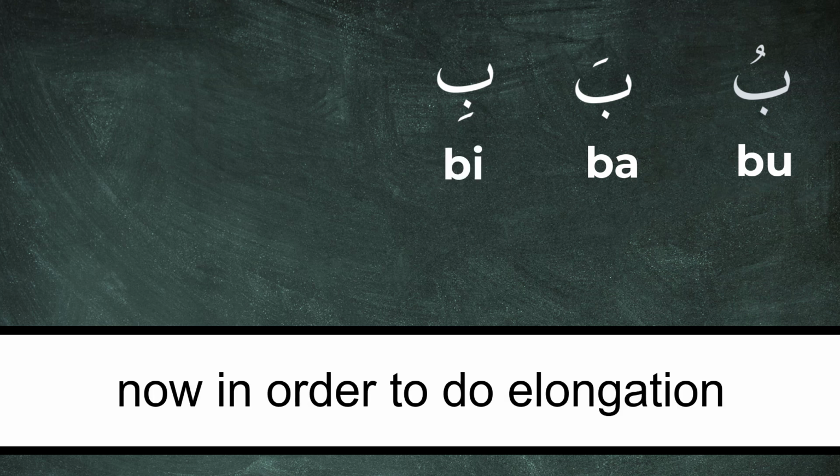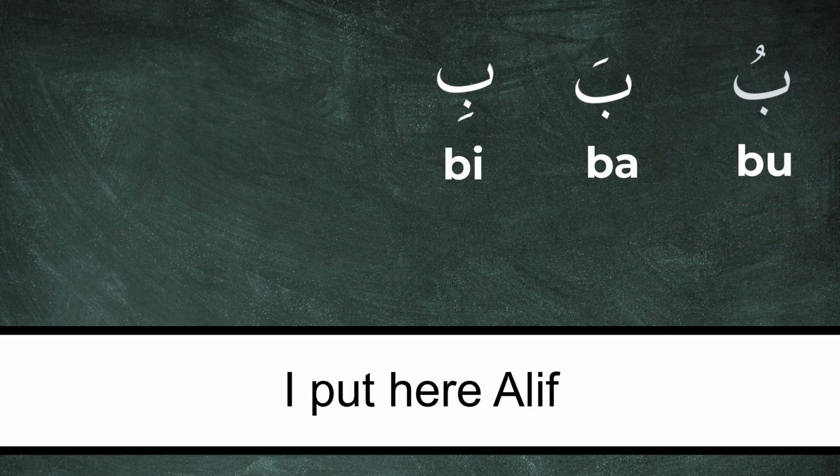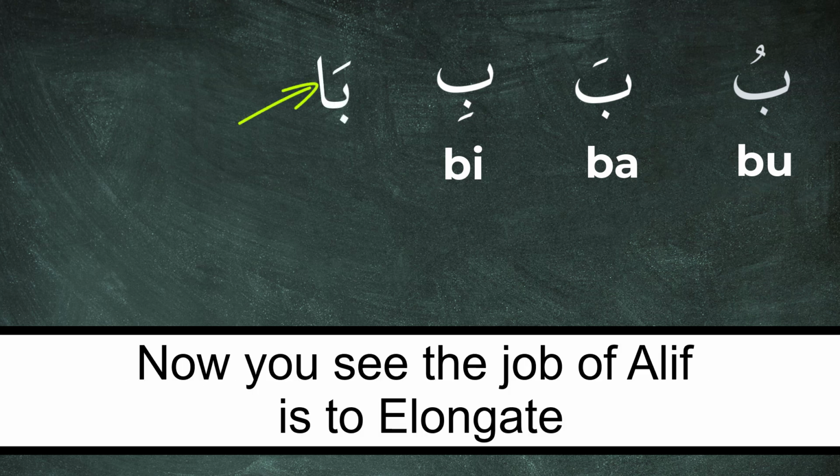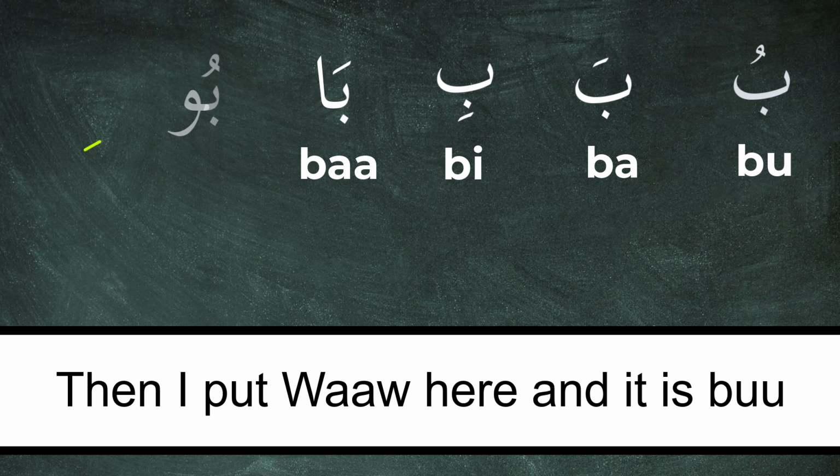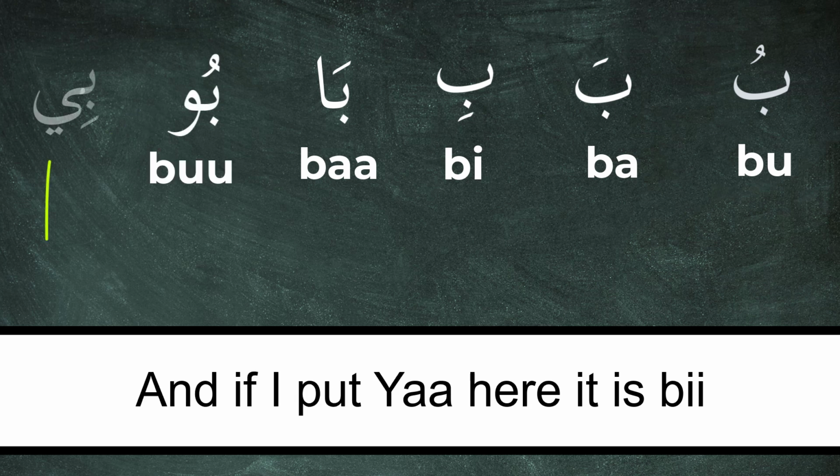Now in order to do elongation, I put here Alif. Now you see, the job of Alif is to elongate. Now this is Ba. And then I put Vav here, and it is Boo. And if I put Ya here, it is B.